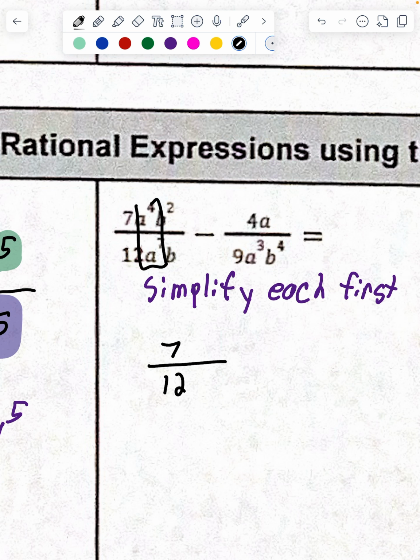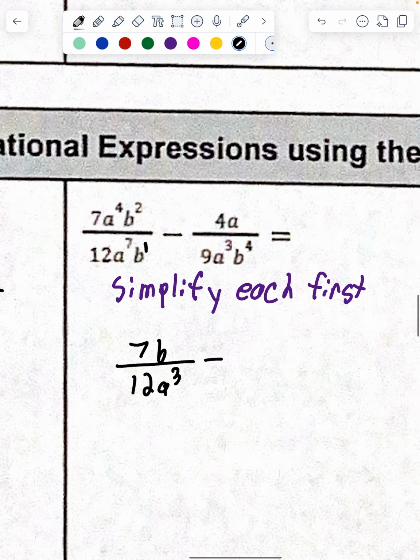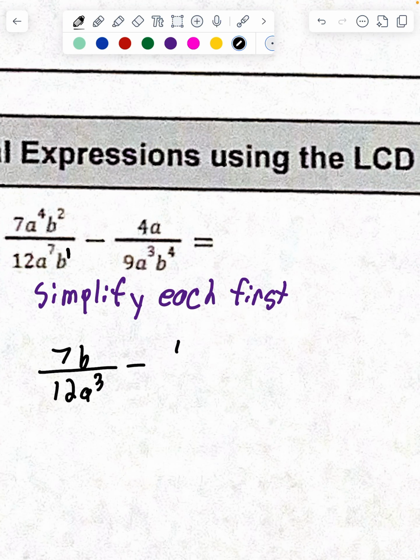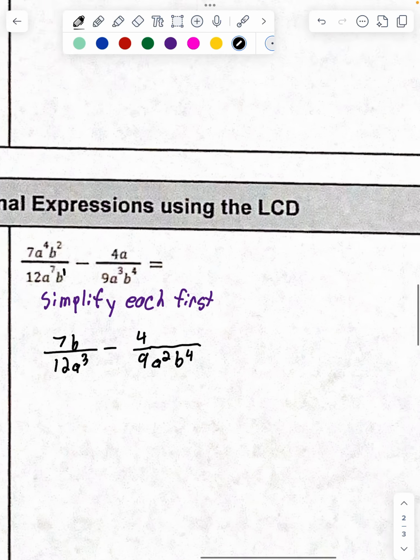My A's are going to cancel. I'm going to end up with 3 on the bottom. My B's are going to cancel. I'm going to end up with 1 on the top because there's a 1 here. So there will be 1 in the numerator. My 4 and my 9 are going to stay the same. My A's, I have 2 more in my denominator, so that's what I'm going to keep, a squared in the denominator. I have no B's in my numerator, so b to the 4th.